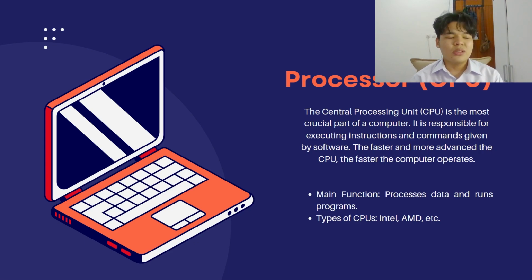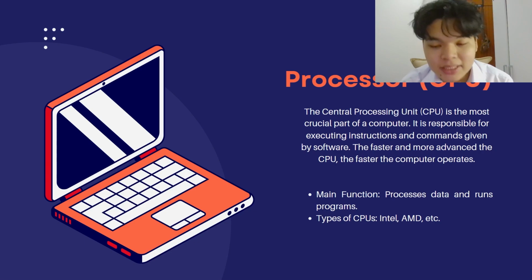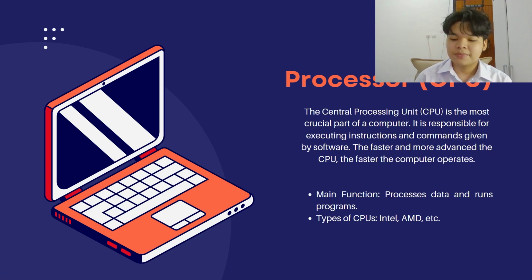And then, what's the main function of this processor? The main function is to process data and run programs, guys. And what types of CPU? There are many brands that produce them. You guys have heard Intel and AMD. These brands are the ones who make processor or CPU.